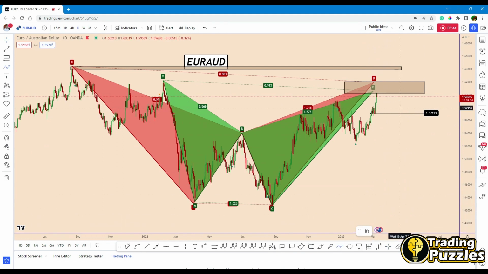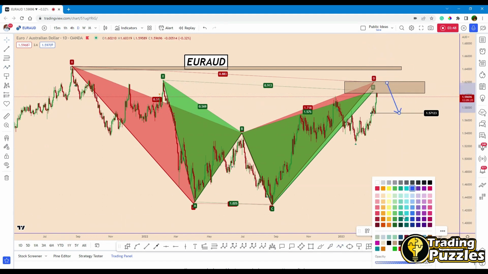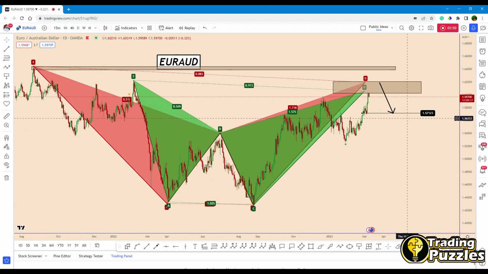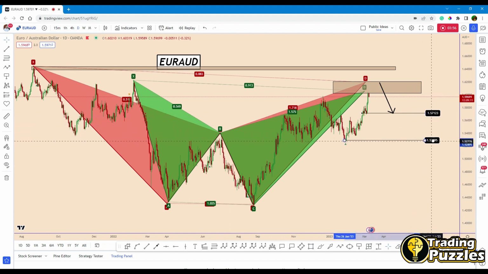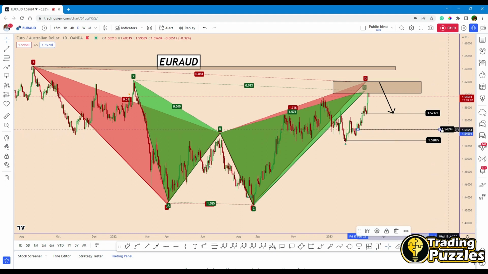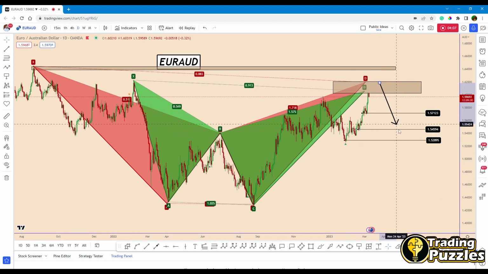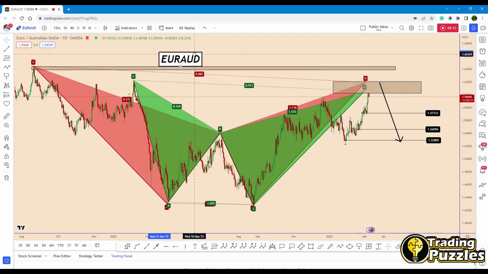So the price has the chances to move down from this point. It is not too far away. And also the chances are very high that we may see the price test all these zones as well. These zones that look very small are in critical areas on the 4-hour chart. So this is the minimum expectation that I'm waiting for from Euro Australian dollar.